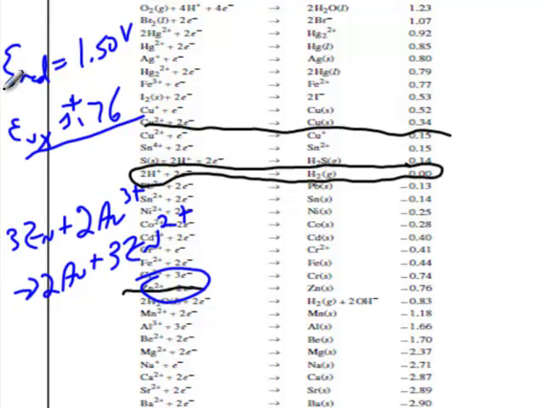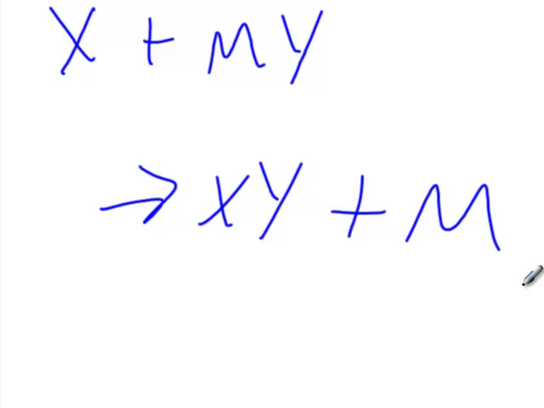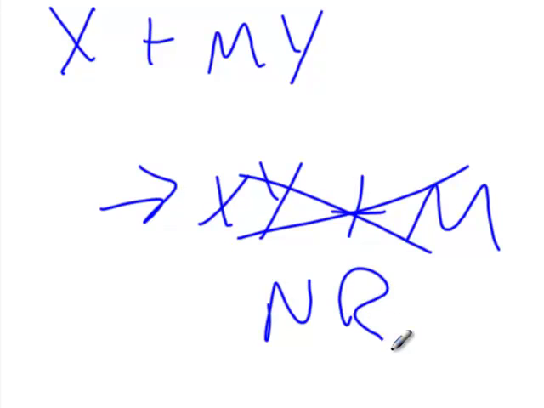Now, if you think about this, one application of all of these lovely redox potentials is an activity series. Remember the activity series where you had a single replacement reaction and you said something like, oh, this reaction isn't going to happen because you had like X + MY goes to XY + M. And then you said, gee, X doesn't replace M, so there's no reaction.